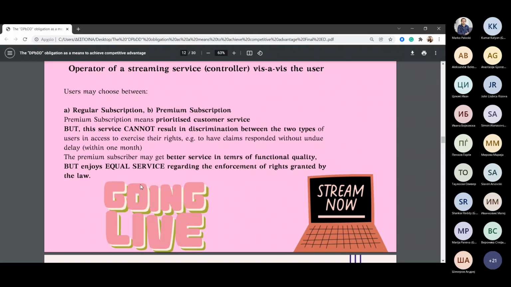So, in exercising the rights, the two types of subscribers must have equal service. The service is differentiated only in terms of functional quality.